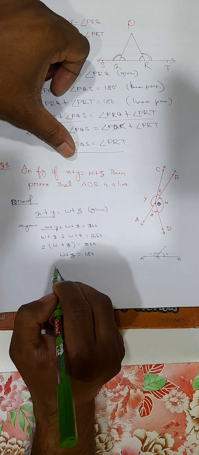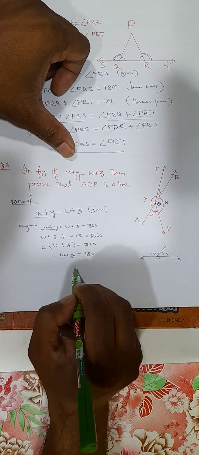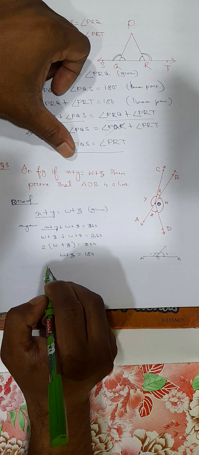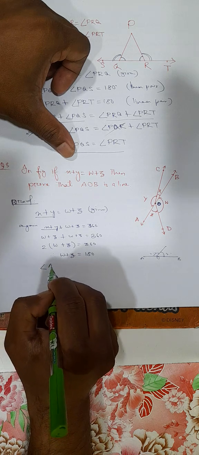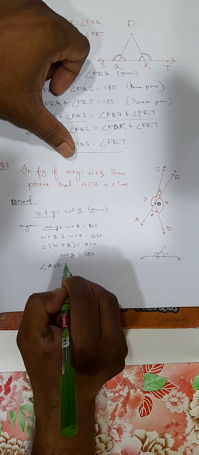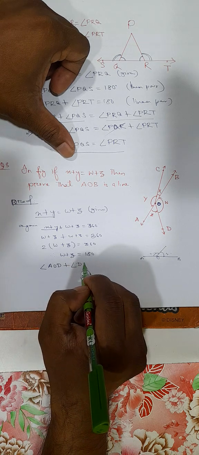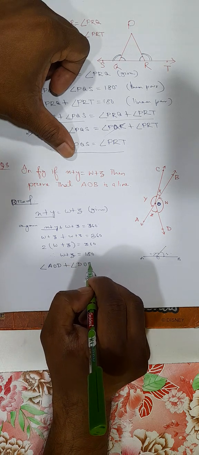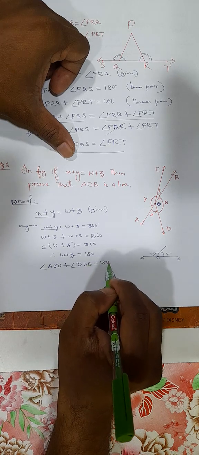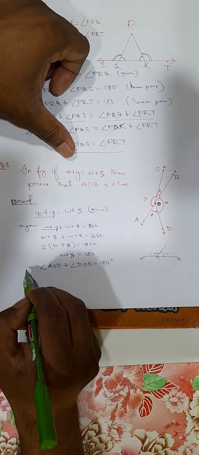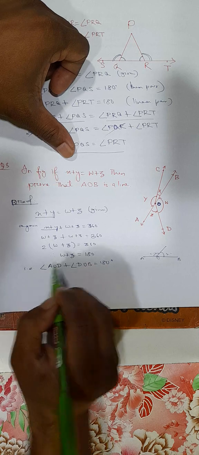That means, what is meant by w plus z equals 180? That means angle AOD plus angle DOB equals 180 degrees. Right?